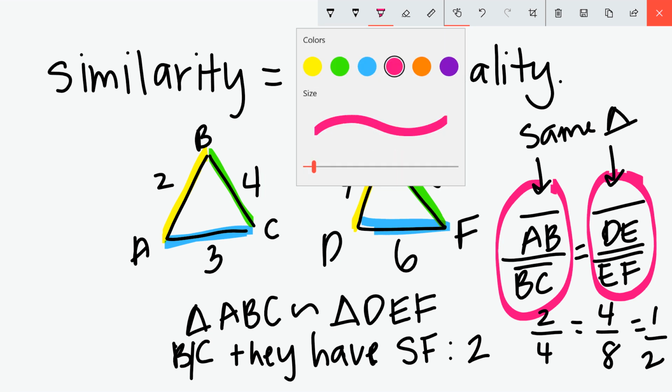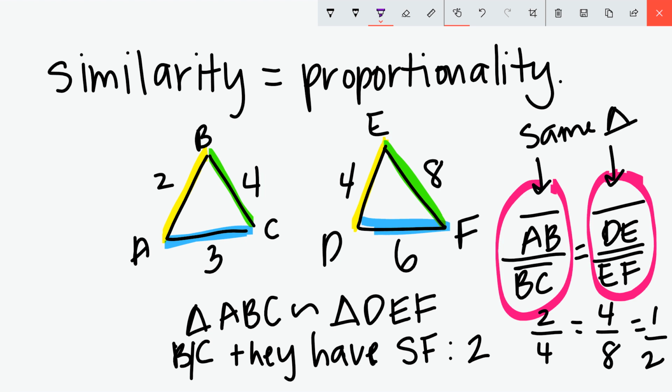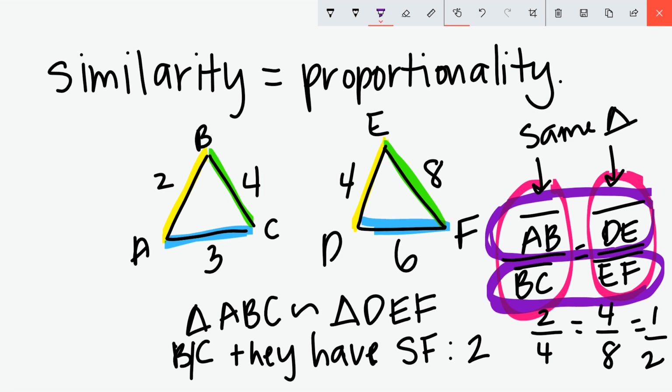And then across, I did corresponding parts, right? A and B and D and E correspond, and then B, C, E, and F correspond. So it's very important that we have these columns and rows. You could switch them, where instead of your fractions being the same triangle, they could be the corresponding part, and across can be the same triangle.